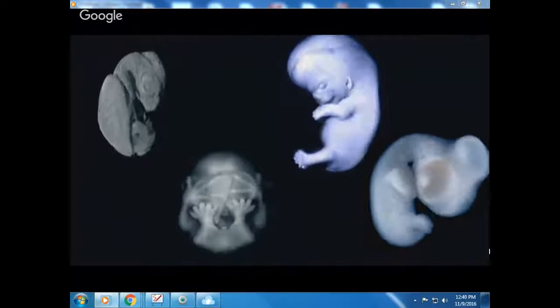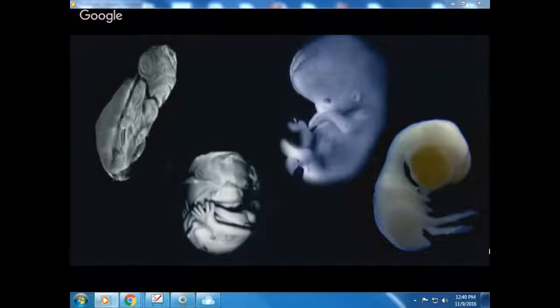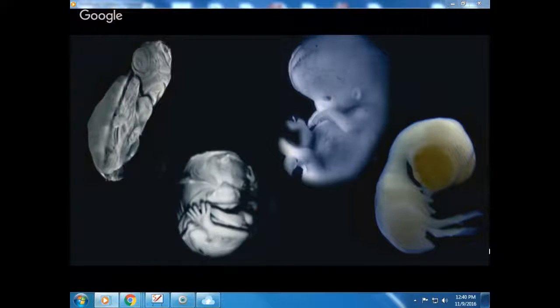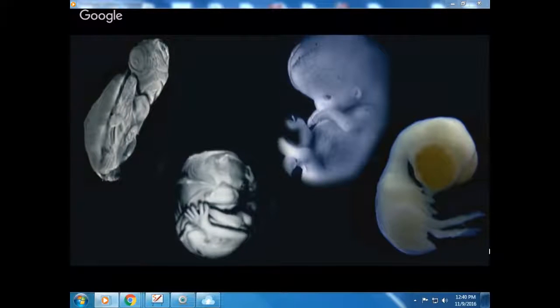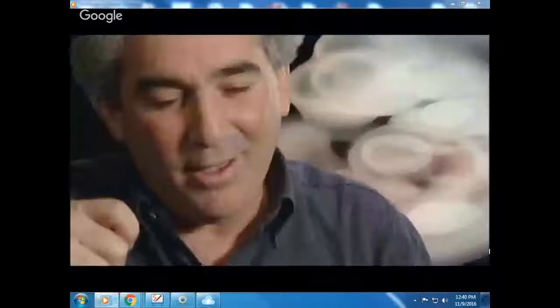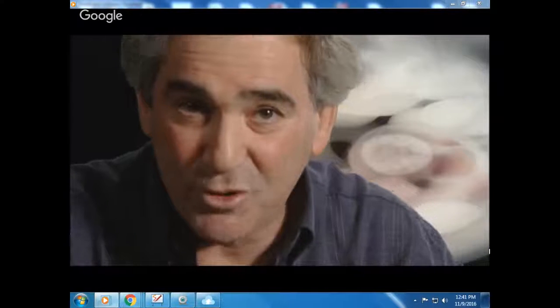Darwin wondered, as scientists do today, how could they start out so similar and end up so different? There is something profound about what the embryo is telling us, and we have rediscovered what Darwin was talking about all along, that the embryo is where the action is in terms of animal diversity. It is the platform for diversity.